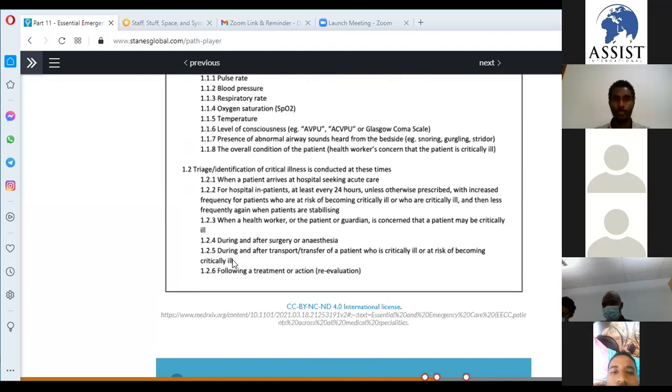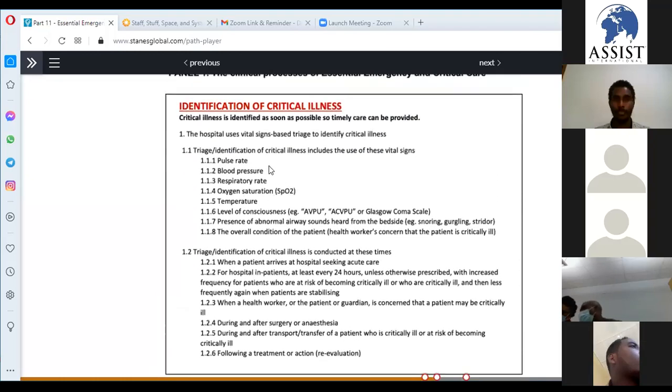The other one is the time. Whenever the patient arrives at the hospital, you need to triage the patient by identifying these high risk warning signs. Does the patient have these signs or not? So that timely and optimal care will be delivered for the patients.